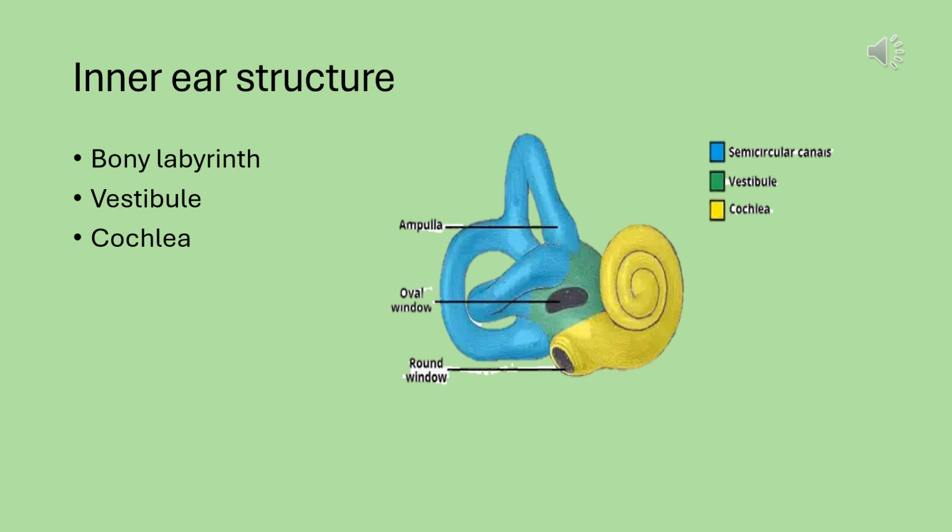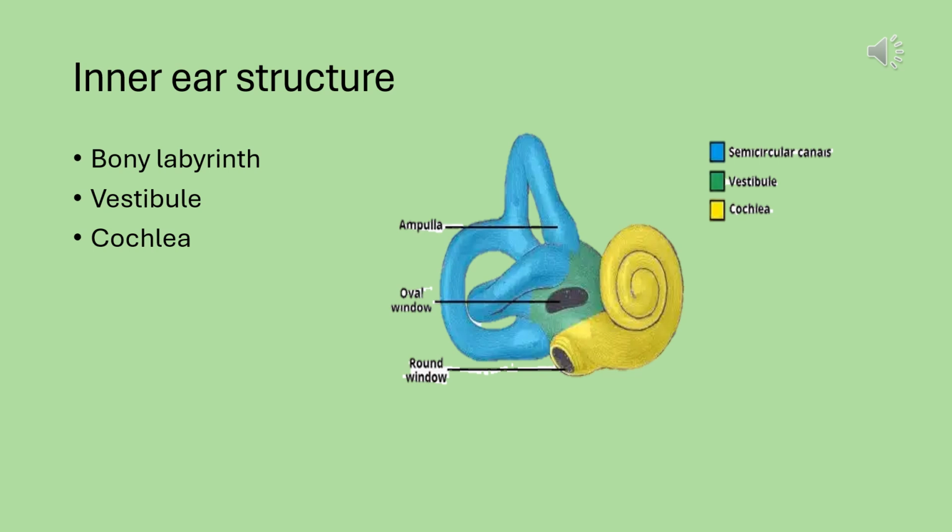The third structure within the bony labyrinth are semicircular canals that are filled with a fluid called perilymph and help maintain balance. The vestibule is the central part of the bony labyrinth and is separated by the oval window. The oval window is the entrance opening from the middle ear to the cochlea of the inner ear, as you can see in the green highlighted area in the picture to the right.